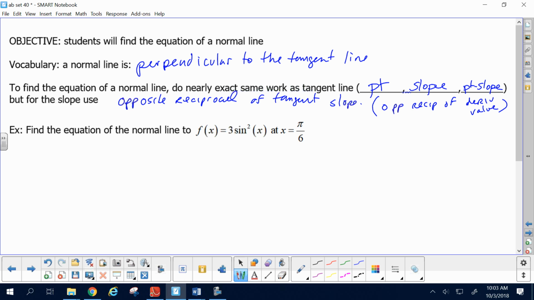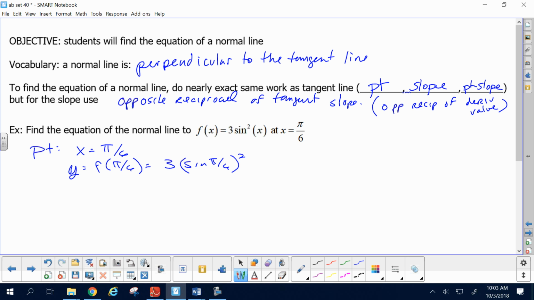If I asked you to find the equation of the normal line to 3 sine squared x at x equals pi over 6, let's start with a point. We know x equals pi over 6. They give that to us. The y is f at pi over 6. That's 3 sine of pi over 6, squared.